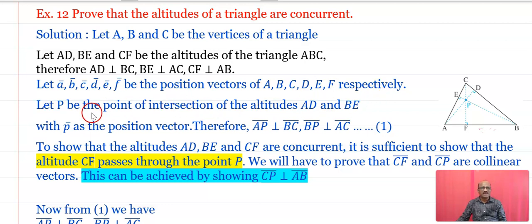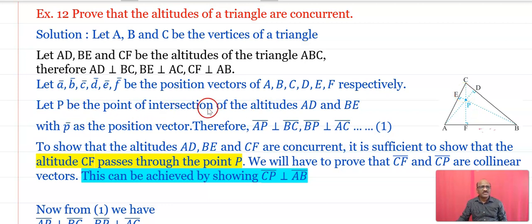Let P be the point of intersection of the altitudes AD and BE. This is very important. We consider P as the point of intersection of these two altitudes AD and BE, and then we will prove that P also lies on the other altitude, CF.